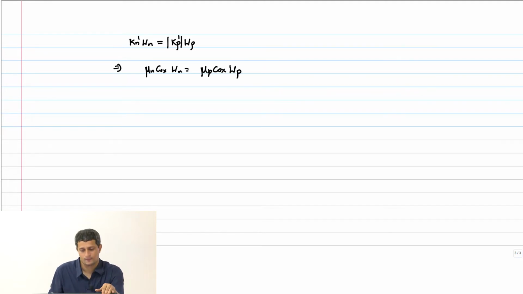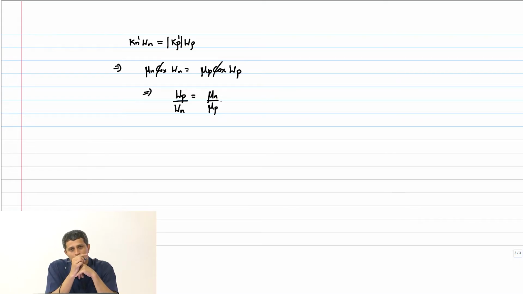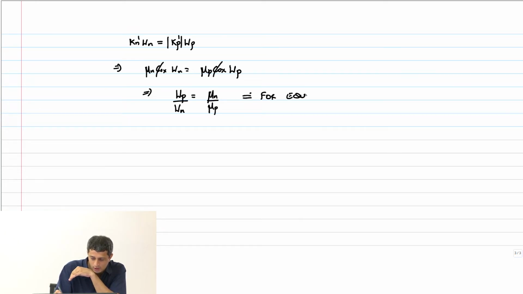Mu n Cox Wn equal to mu p Cox Wp. Of course, you can cancel this out, which implies that Wp by Wn should be equal to mu n by mu p. This is for equal rise and fall delay.